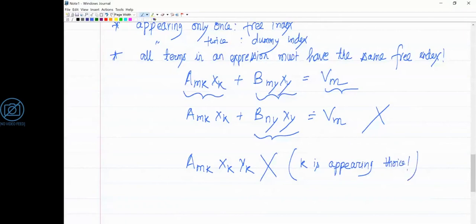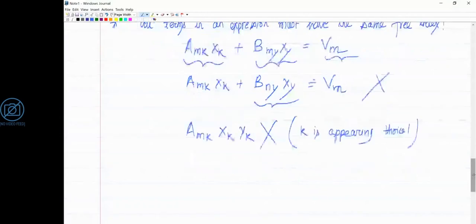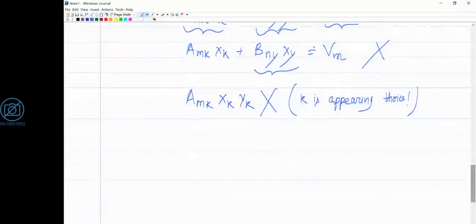Let me give you an example which will tell you that an index should not appear more than twice. Okay, so suppose that, all of you know about this dot product, isn't it?